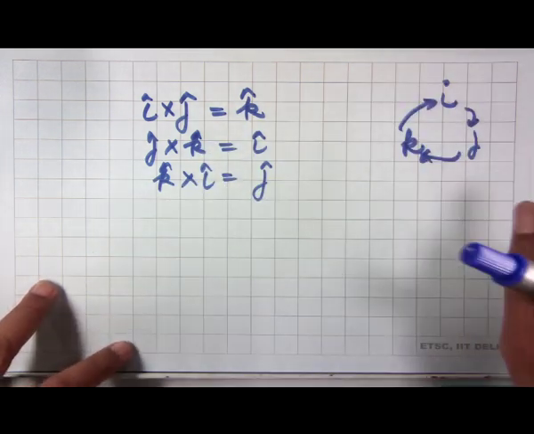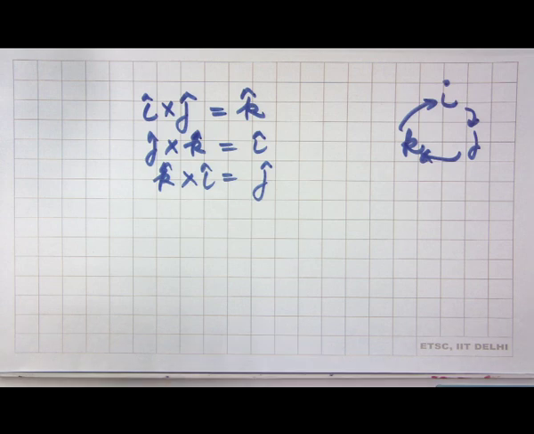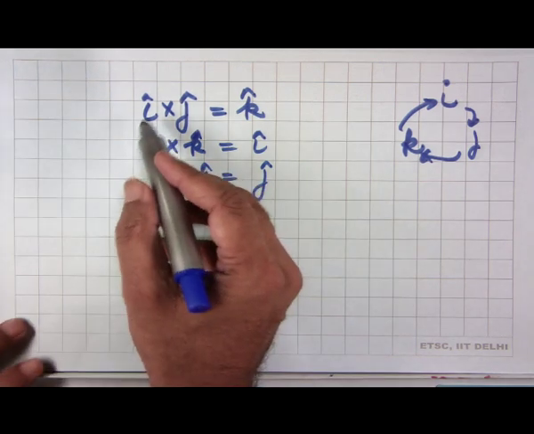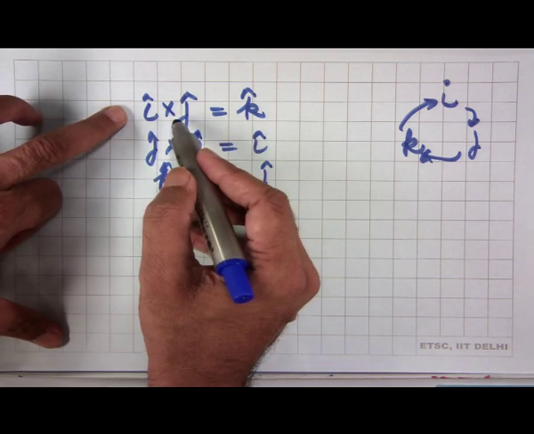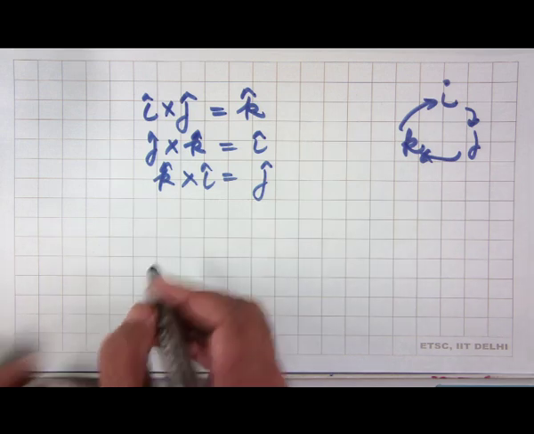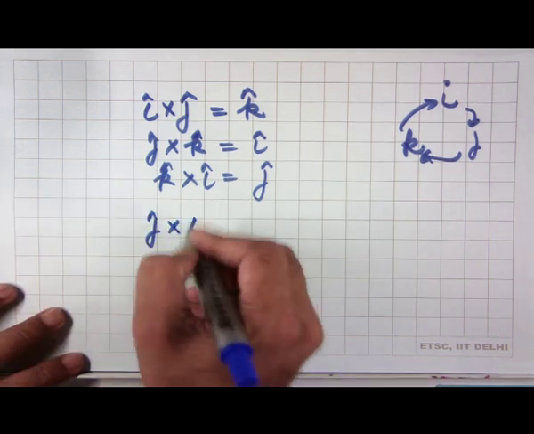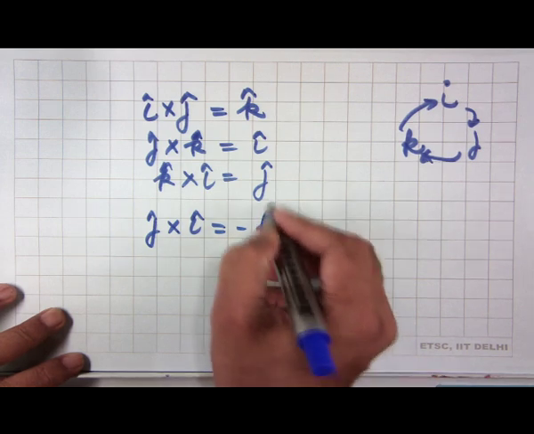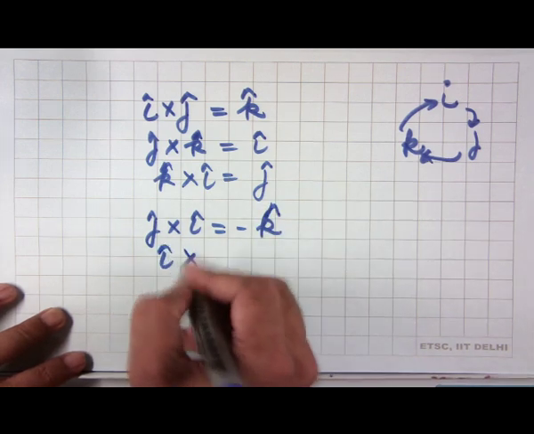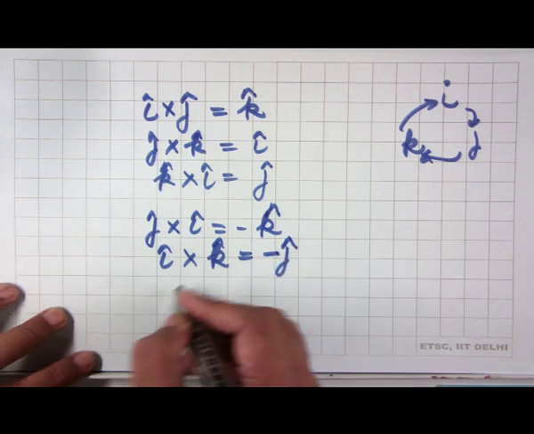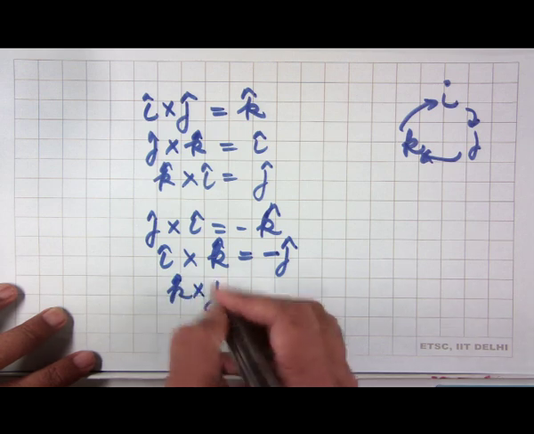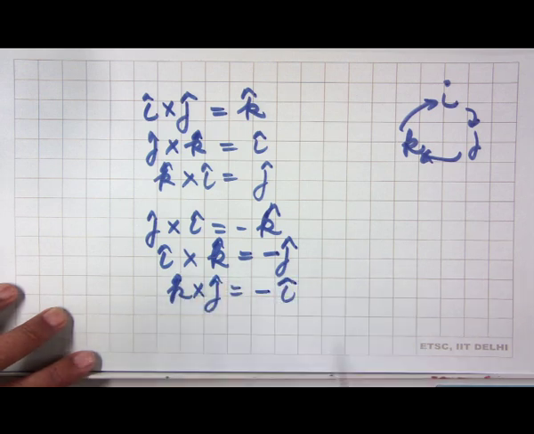But if we go anti-cyclic, then we are inverting the directions, and clearly minus of i cross j is equal to minus k, and minus i cross j is also equal to j cross i. So, we have j cross i is equal to minus k, i cross k is equal to minus j, and k cross j is equal to minus i.